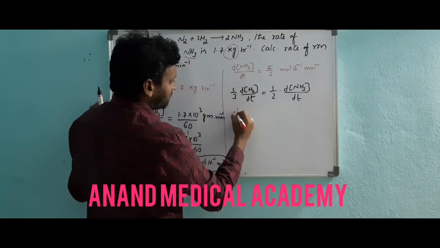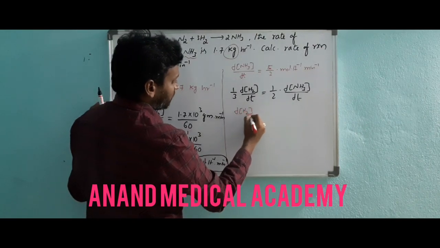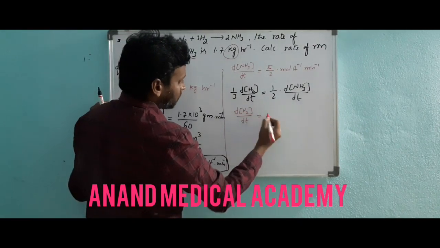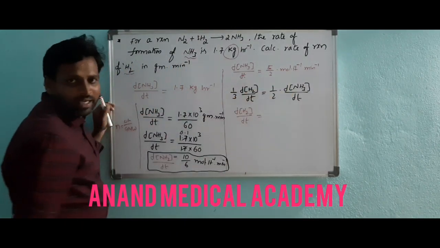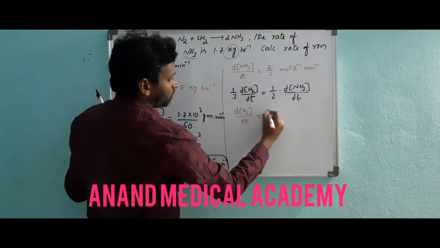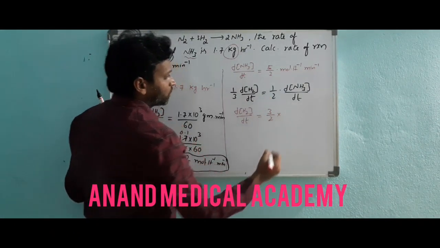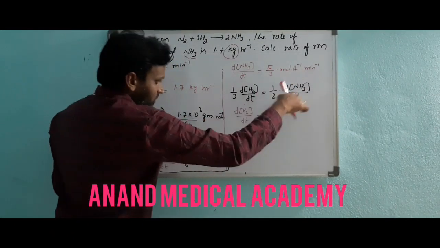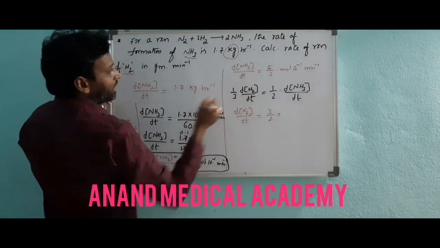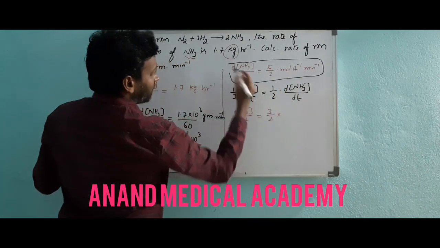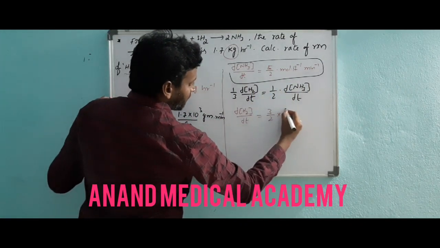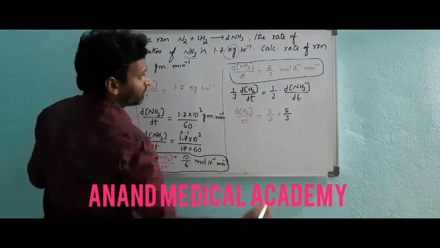So what is the d concentration of H2 by dt is the question. So 1 by 3 you have to bring to that side. So 3 by 2 into d concentration of NH3 by dt. Here you have d concentration of NH3 by dt as 5 by 3.